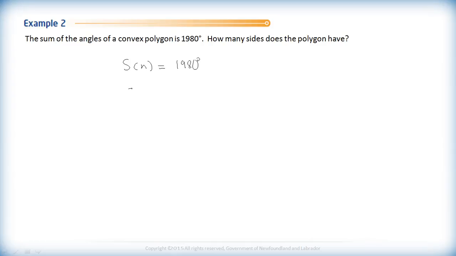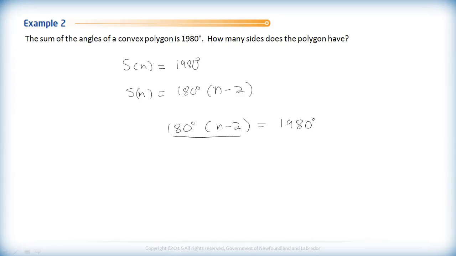Well, the rest of that formula, Sn, tells us that it's 180 degrees multiplied by (n minus 2), where n is the number of sides. So what we're going to do is use that formula to write ourselves a little equation that we can solve to figure out the value of n, and that'll tell us the number of sides we have. Okay, so 180 times (n minus 2) has to be equal to 1980.